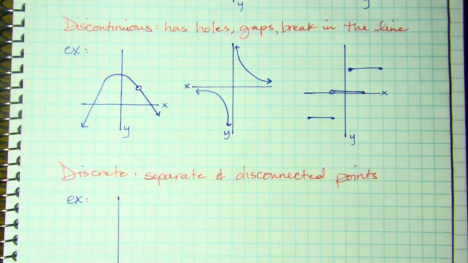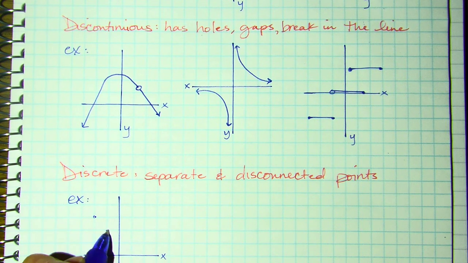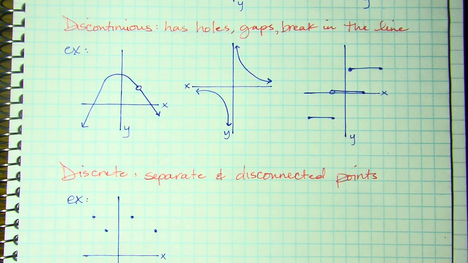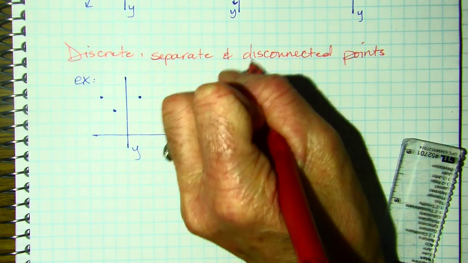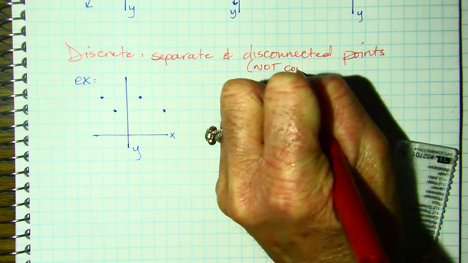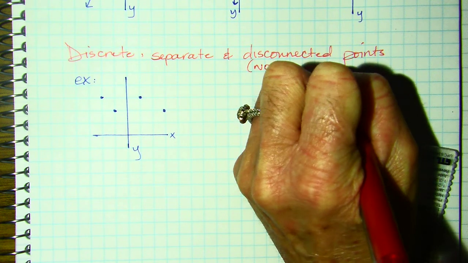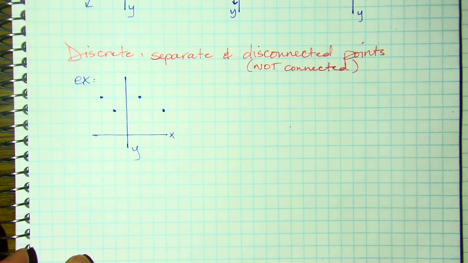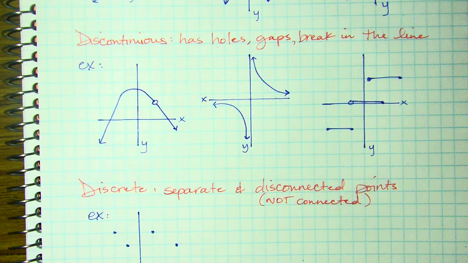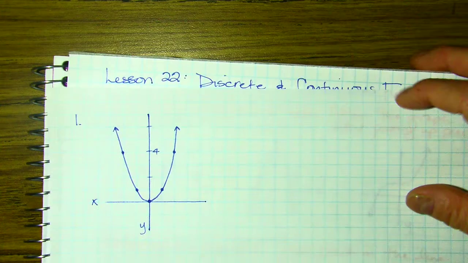It almost looks like a scatter plot. So discrete is when I just have unconnected, so remember, disconnected means not connected. That's what the prefix dis infers. So not connected dots.